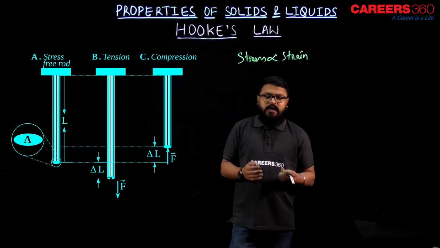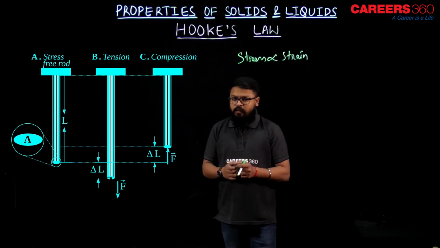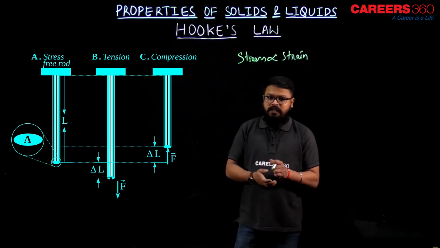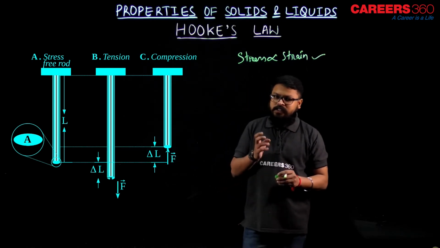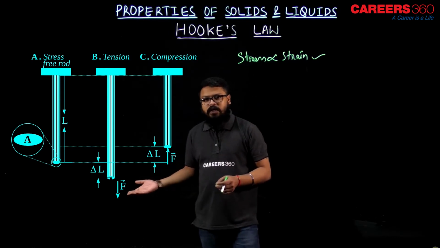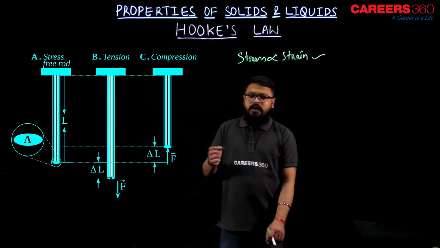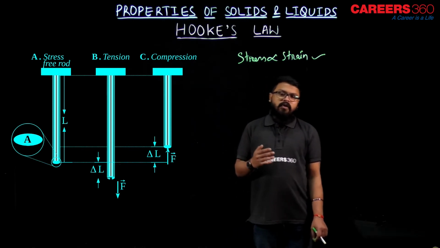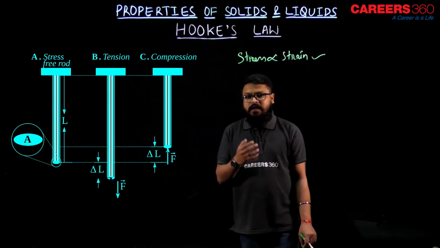Whenever the stress in the body is more, there would be more strain. That is the meaning of stress proportional to strain. Lesser the stress, lesser the strain. How? Because for stress you need to apply longitudinal or normal forces, as you can see. So more normal force, more is the strain, that is more increase in the length.